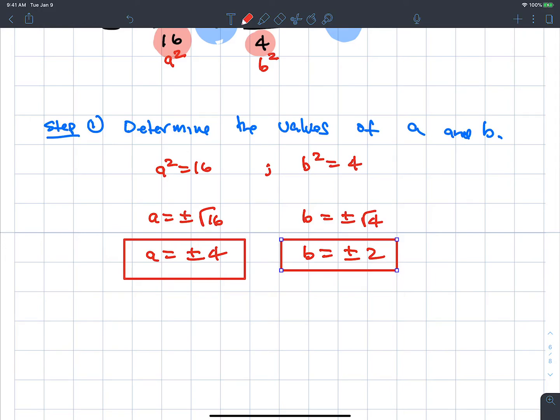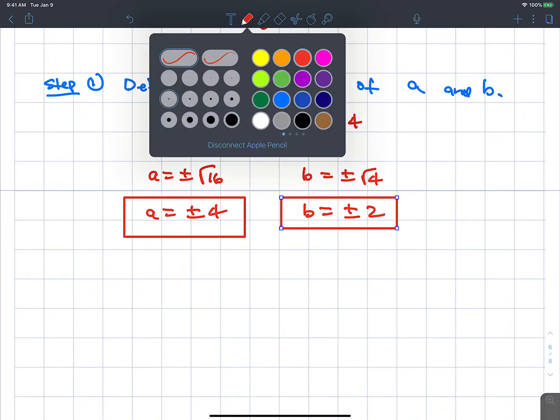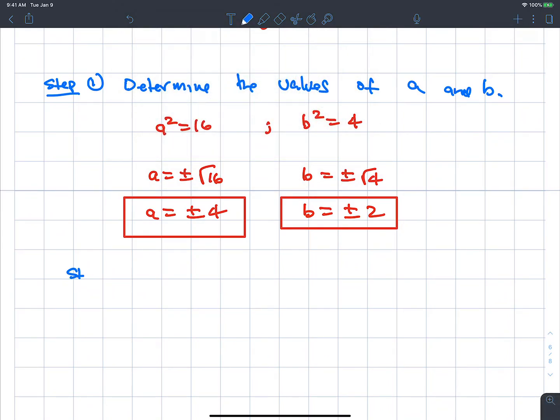Okay, so we got these values. All right, let me do a couple of things here. And you may say, okay, once we get these values, what do we do? So I'm going to say step 2. Here's step 2.